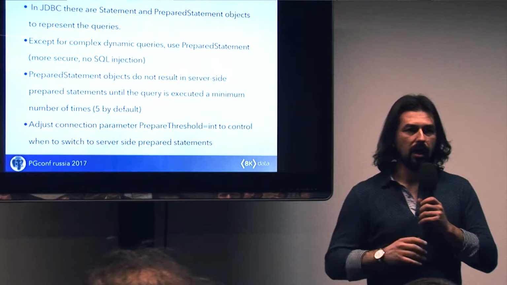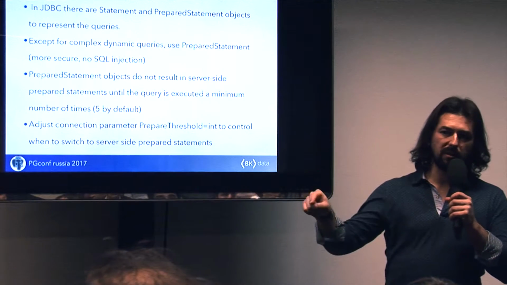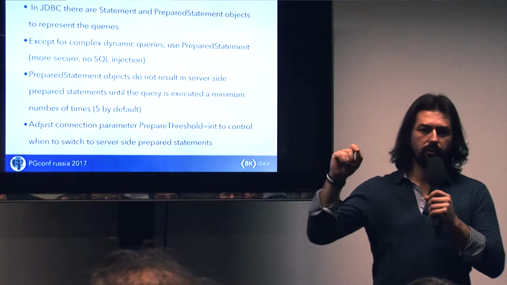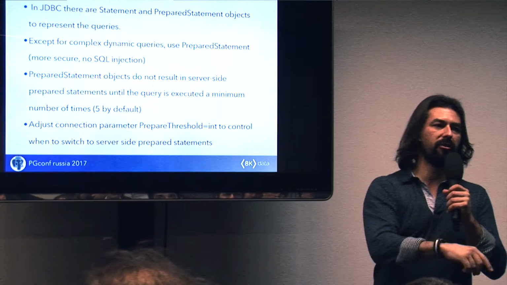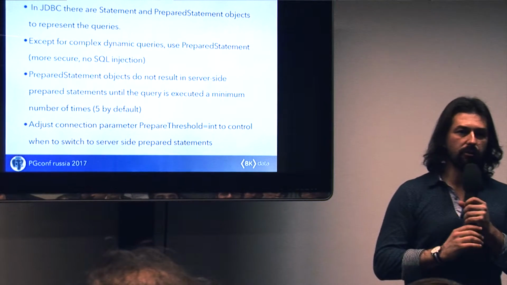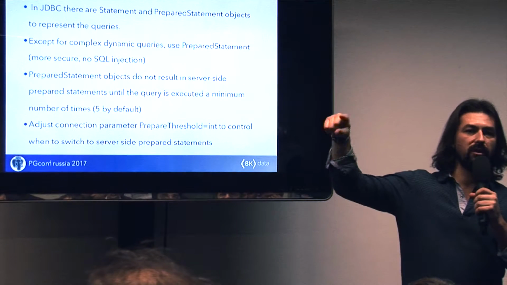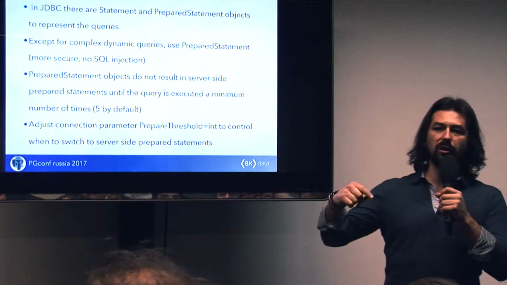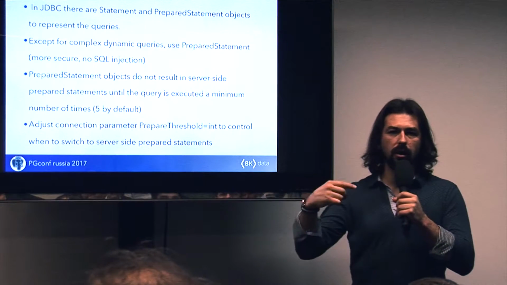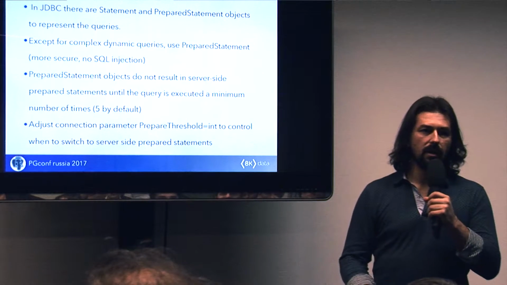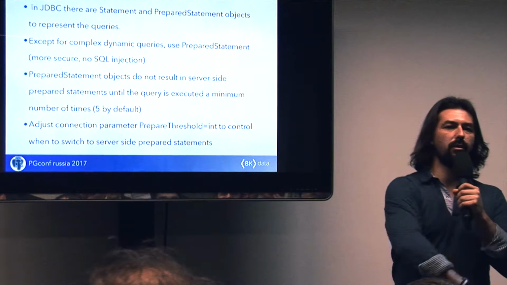And so if you use a prepared statement in the JDBC driver, that may not turn into a server-side prepared statement directly. There's a threshold, and by default it's 5. You can change it also with another parameter in this URL. After which, if you have executed that same query several times, then it will create a server-side prepared statement.